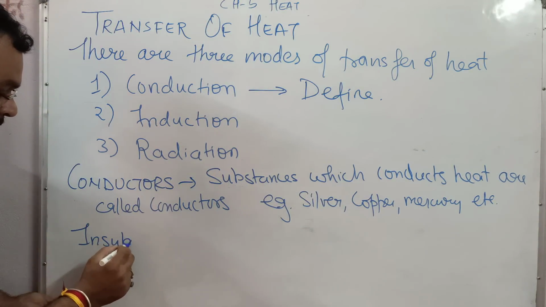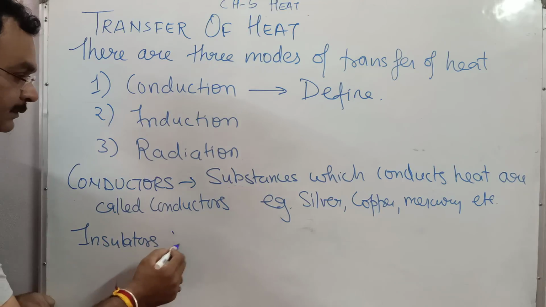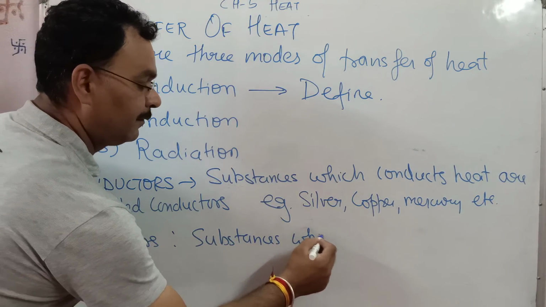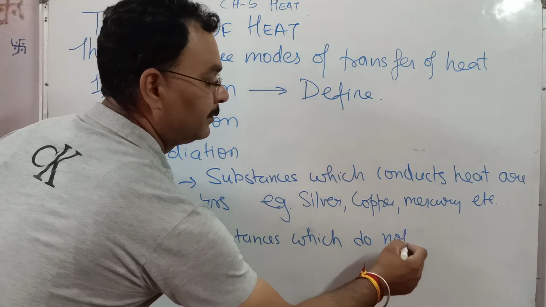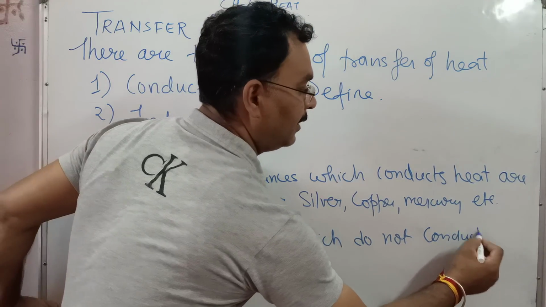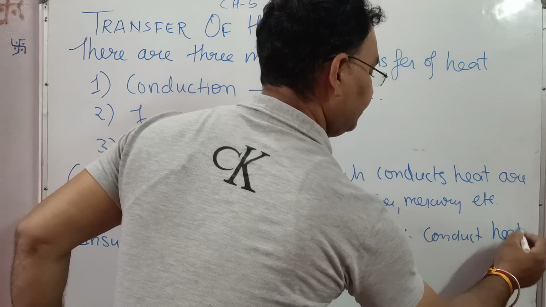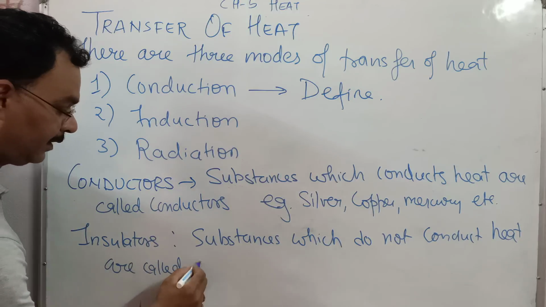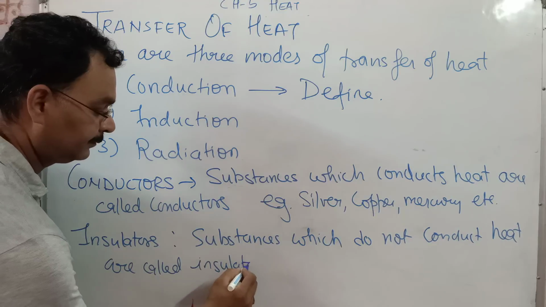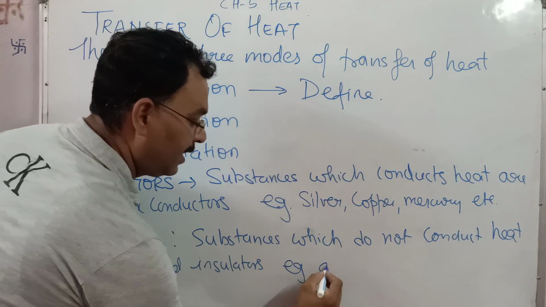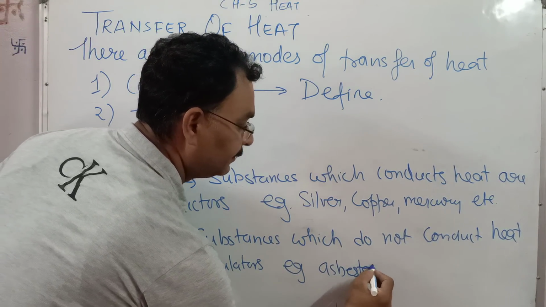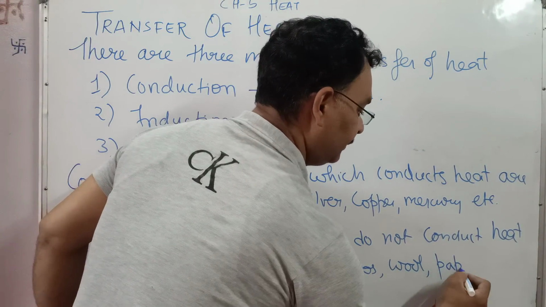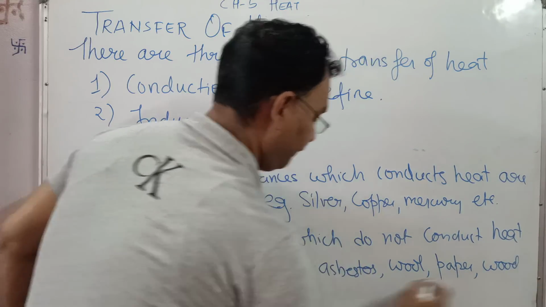Insulators: substances which do not conduct heat are called insulators. Examples: asbestos, wool, paper, wood, plastic, etc.